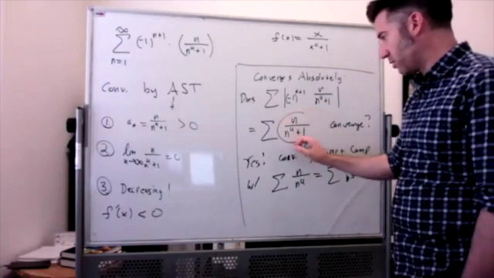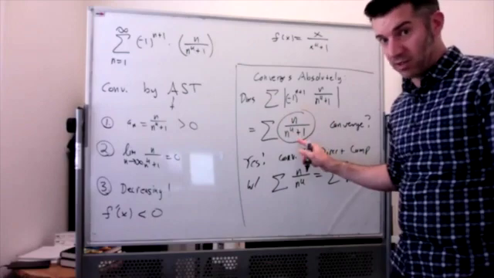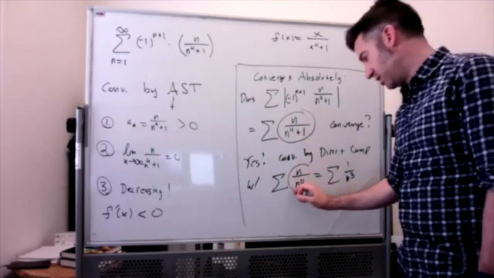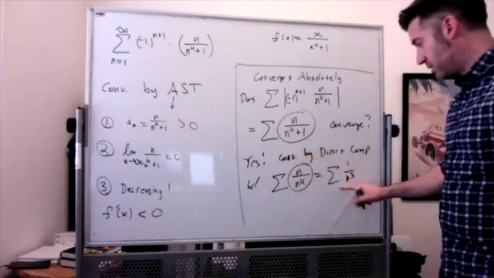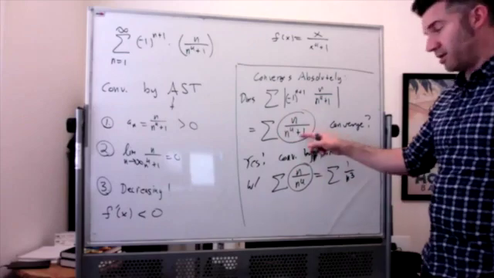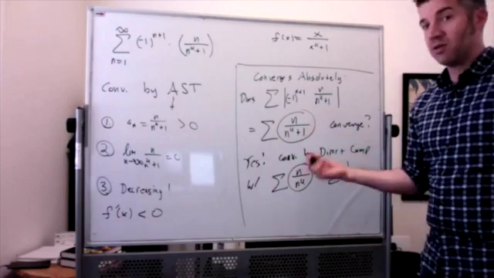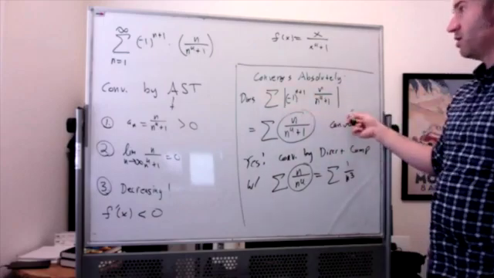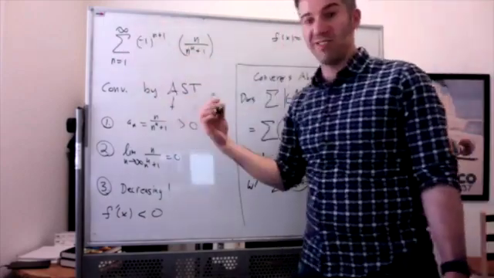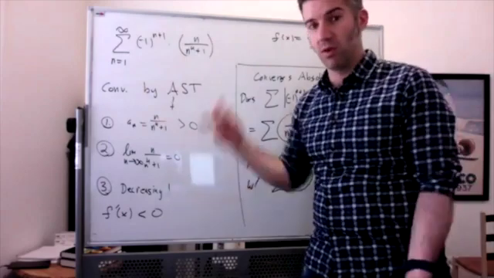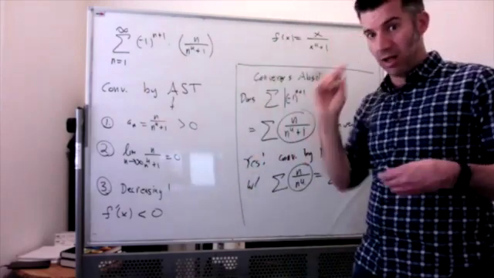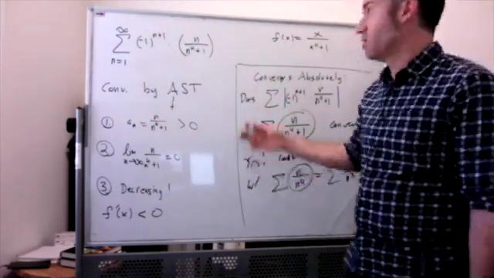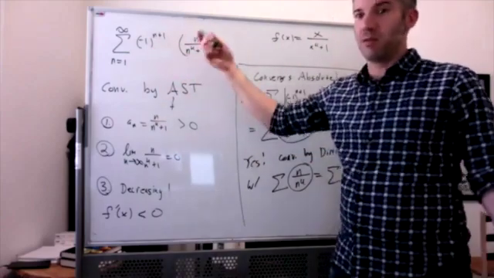These terms, which have a bigger denominator, are less than these terms. Since this series is convergent, this series also is convergent. So then here's what we get to say. This series converges, which means this series converges absolutely, which means it converges. If something converges absolutely, that automatically implies that it converges. So this being absolutely convergent means it's convergent.